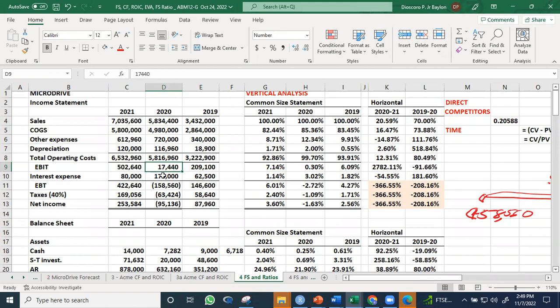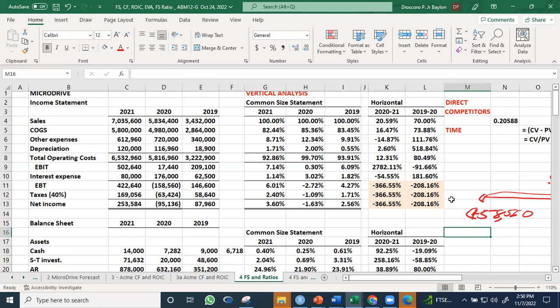On the other hand, between 2020 and 2021, there was a huge increase in terms of EBIT. So that's why we say that there's a 2,782% or 2.7 times increase in EBIT from 2020 to 2021.